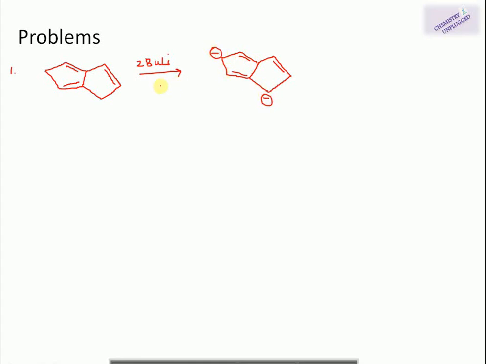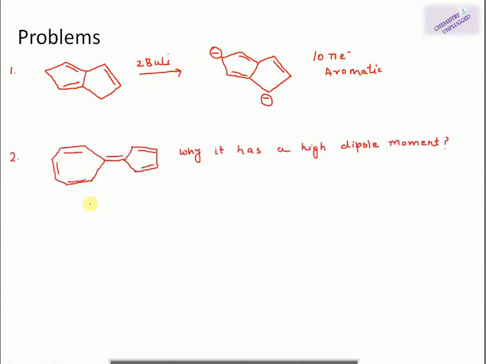Because it is stable, their conjugate base is stable, therefore they are acidic in nature, and now it is a part of a 10 pi electron system and it is aromatic. So they need 2 equivalents of butyl lithium for the removal of these hydrogens, so it may become a 10 pi electron system.